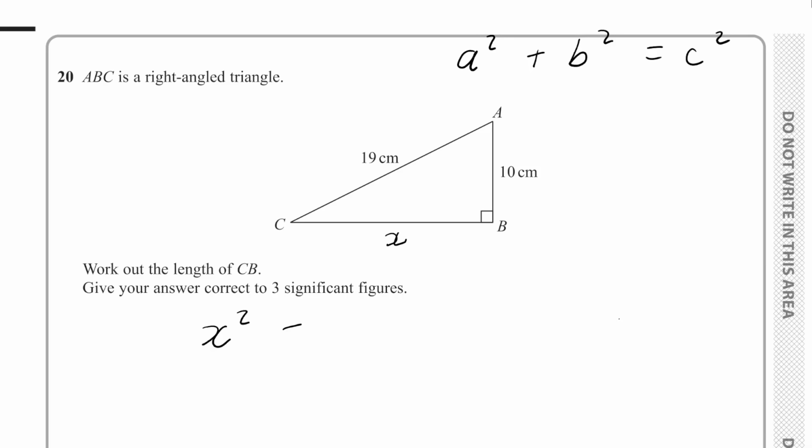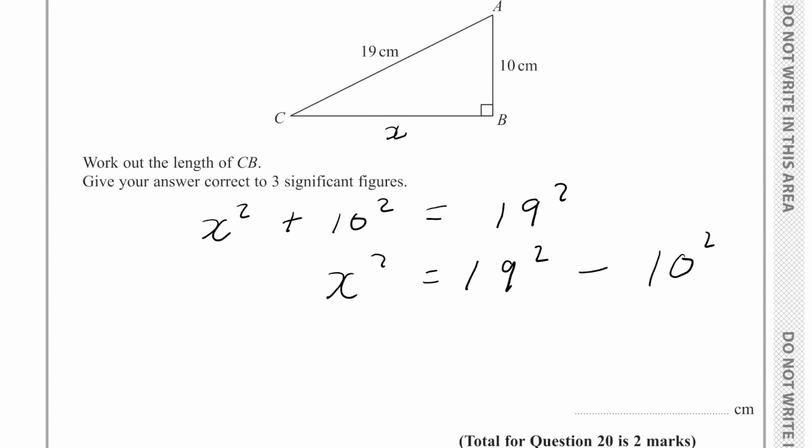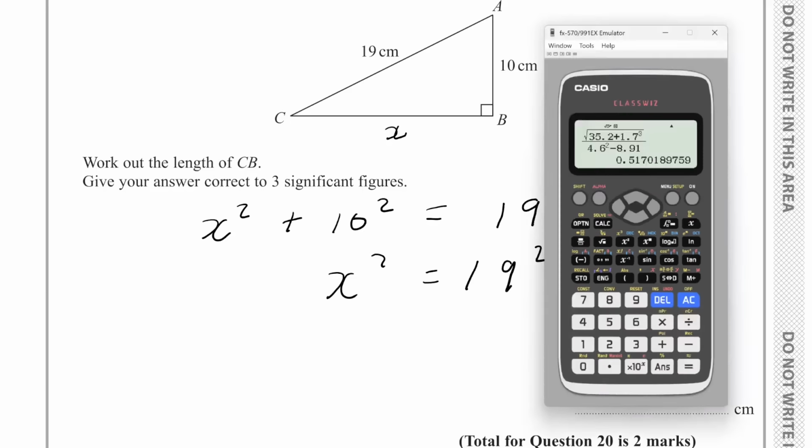So x squared plus 10 squared equals 19 squared. Because we're finding a shorter side, it's going to be 19 squared, take away 10 squared. So x squared is 19 squared, take away 10 squared.